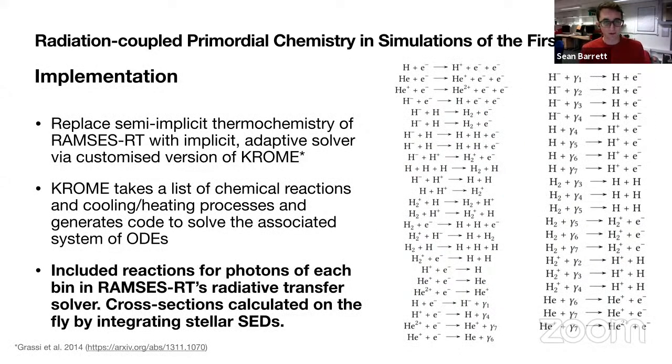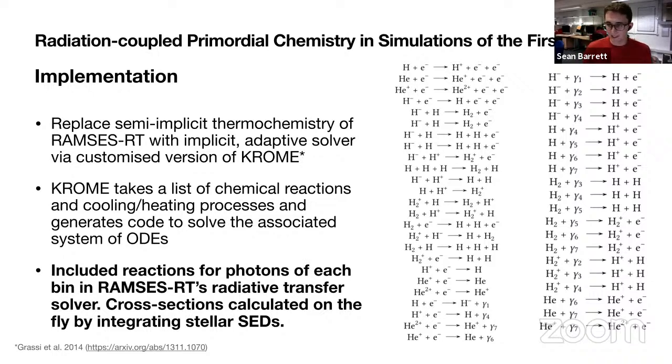So I've implemented my model by modifying the radiation hydrodynamics code Ramses-RT using some software called Chrome, which takes a list of chemical reactions, such as mine on the right, and generates Fortran code to solve the associated system of ODEs.